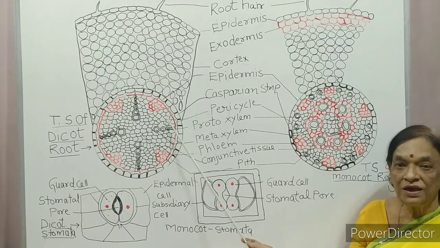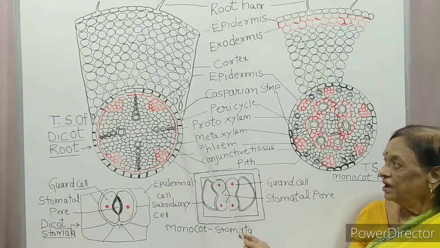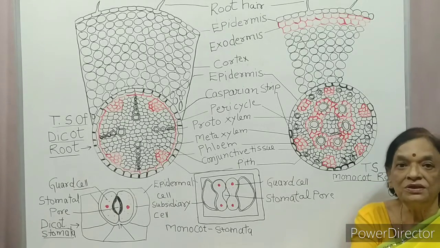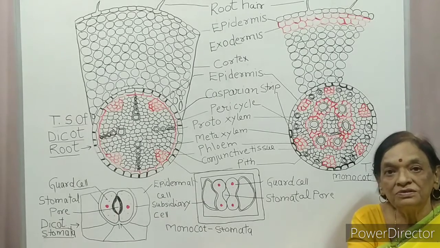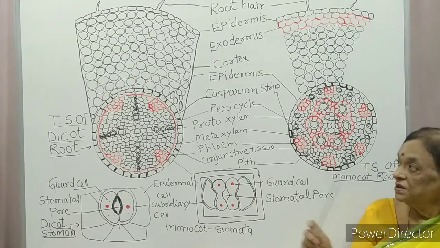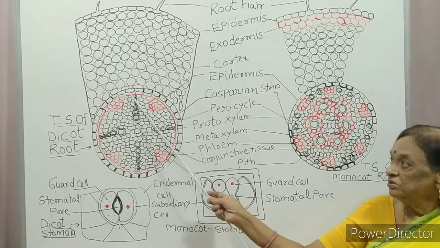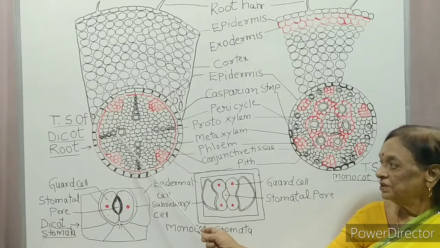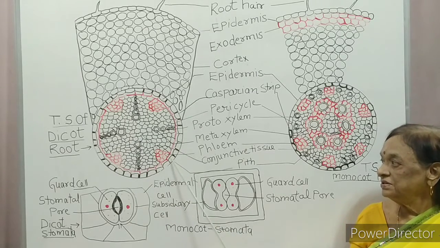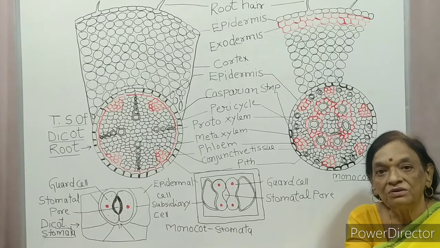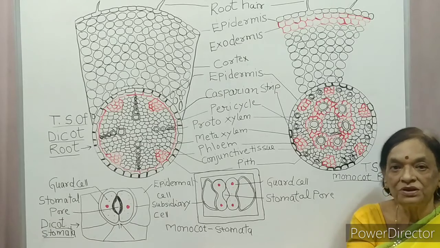This endodermis has some cells having thickening of lignin and suberin. So this lignin and suberin is impermeable for water. It means water can travel through some cells which are in front of xylem. Other cells have this thickening so that water is restricted to few cells only.